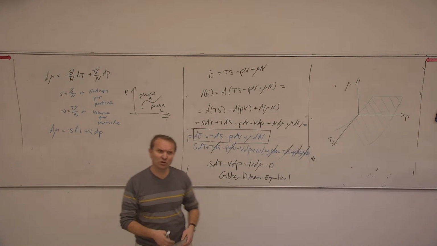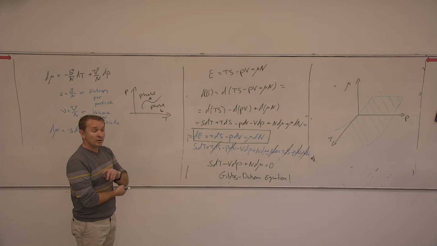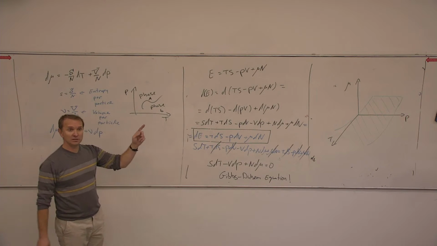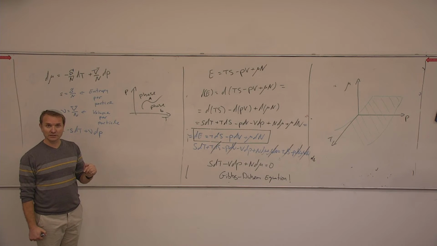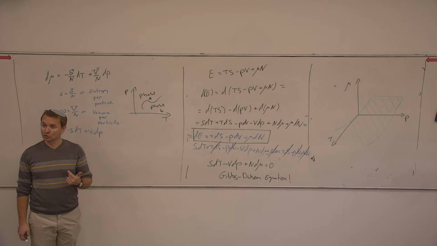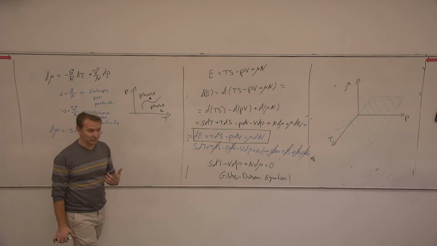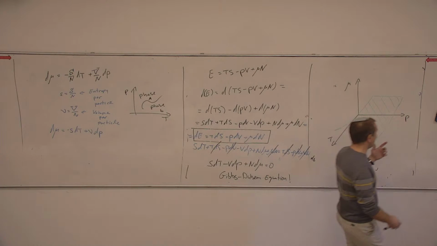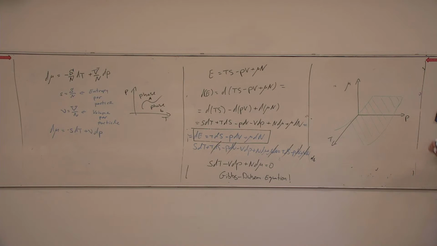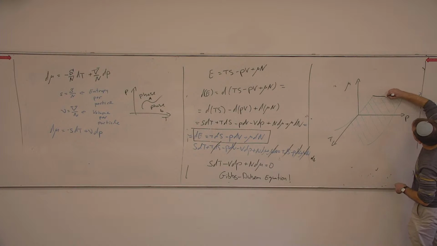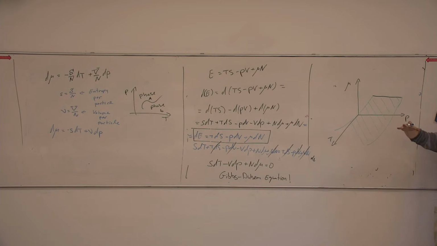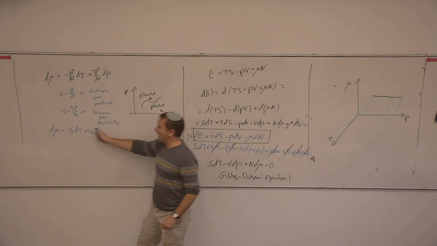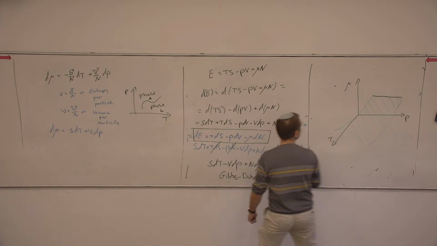Mu is a continuous function of T and P. But this continuity assumption does not tell us that the derivatives should also be continuous, right? So we will observe that there are specific lines on this two-dimensional manifold where the transition from each point to another is continuous, as described by this equation.